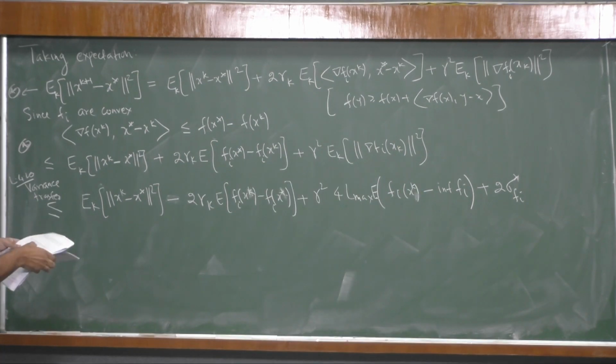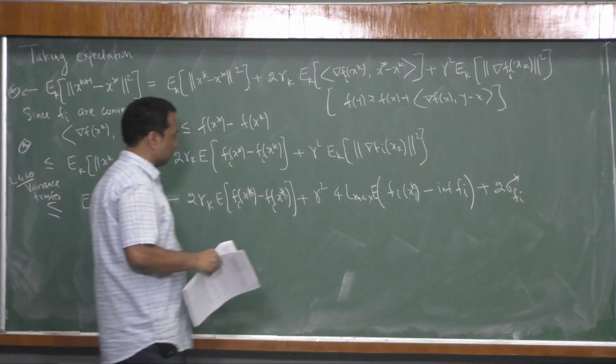Yeah, so if we use variance transfer, it is 4 L max. Oh yeah, in variance transfer, actually it's already in f(x) form. Okay, no problem, then we don't really need expectation. Okay, that's right, thanks.